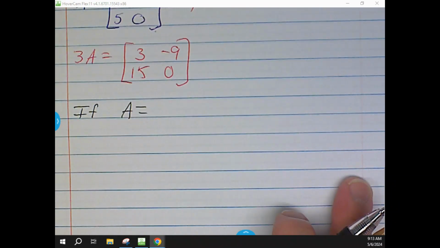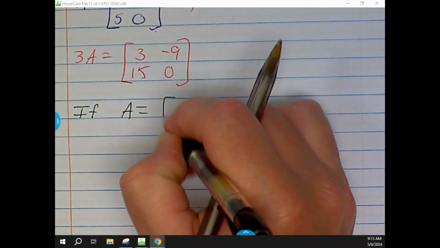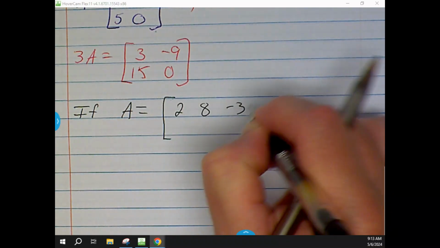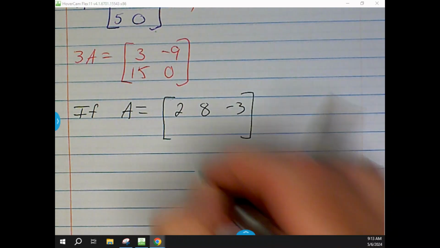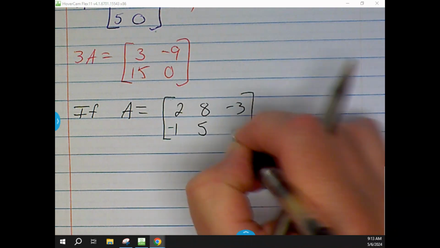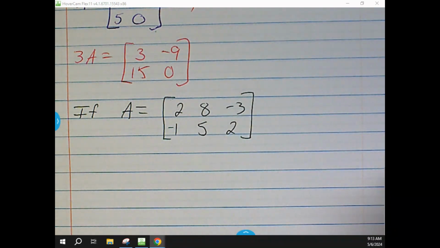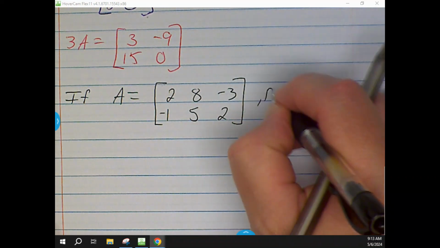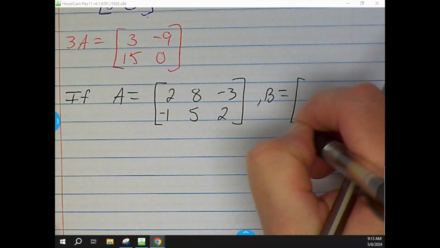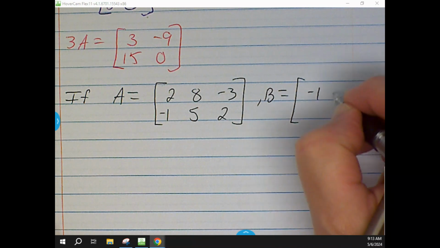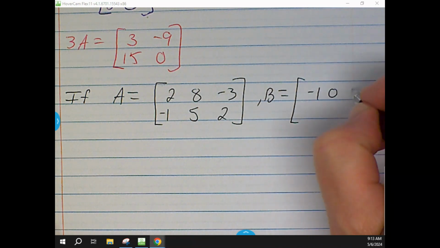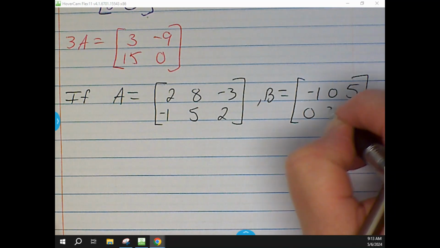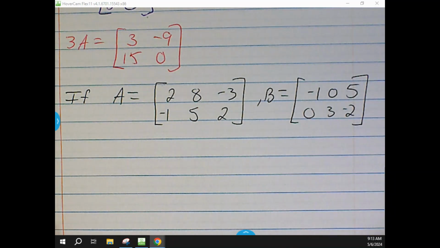So let's say matrix A is 2, 8, -3, -1, 5, 2, and B is going to equal -1, 0, 5, 0, 3, -2.